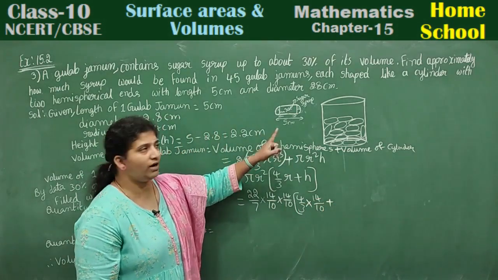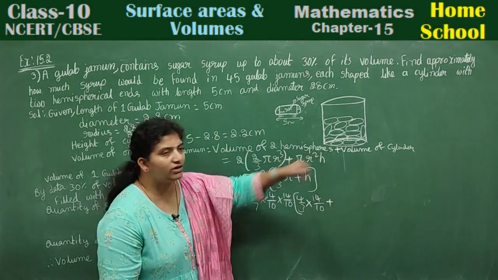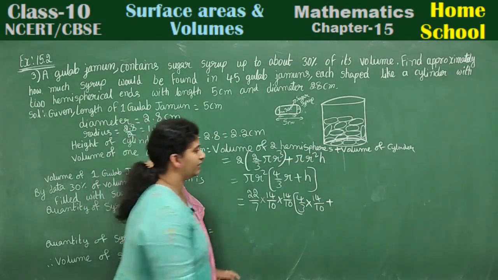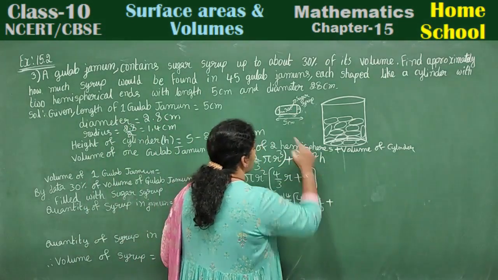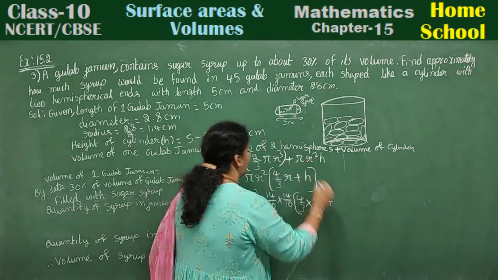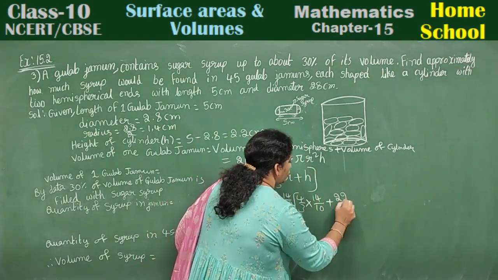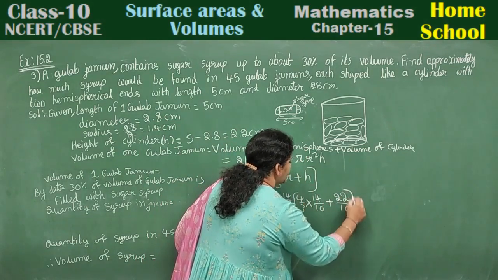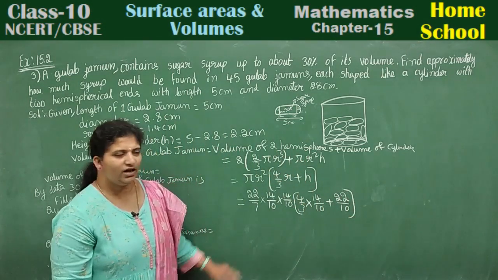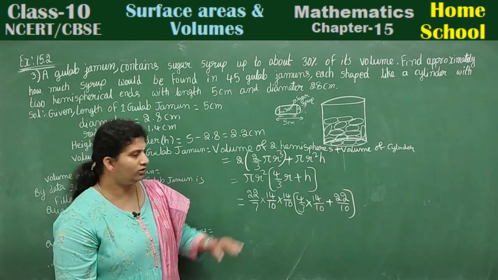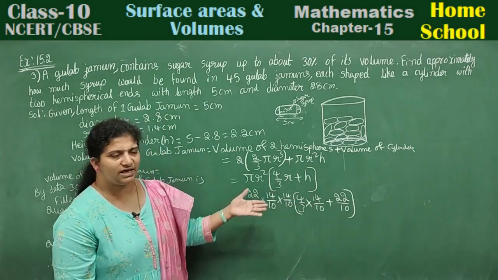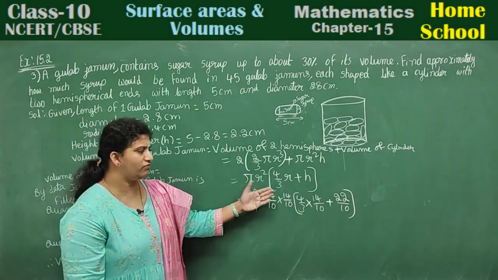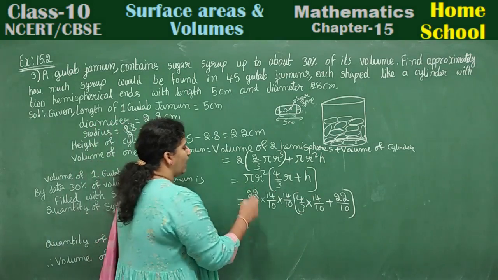We don't talk about full height. We talk only about the cylinder height. Cylinder height is how much? 5 minus 2.8, that will be 2.2. 2.2, again write it as 22 by 10. If you want one more step, you can include. First you can write decimals, then you can convert and write.